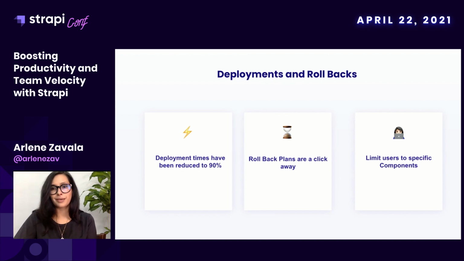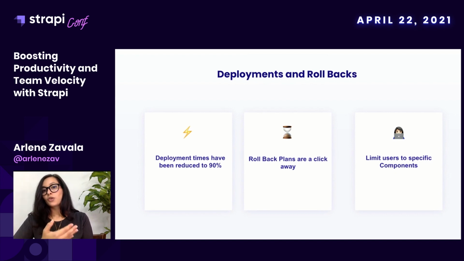We are taking a minimum time period to deploy some changes if required, or a bug fix, or new images requested by the business. Then we are also able to limit users to specific components. So for example, we have our teams.